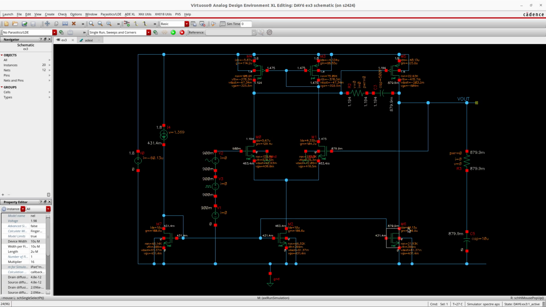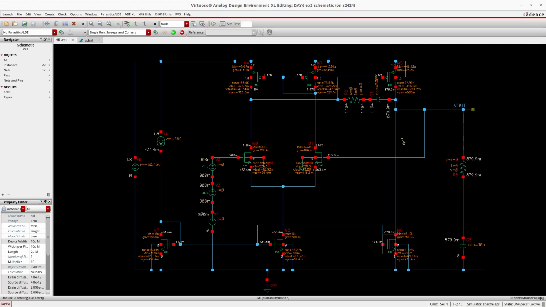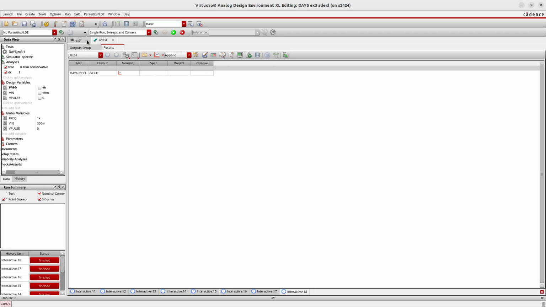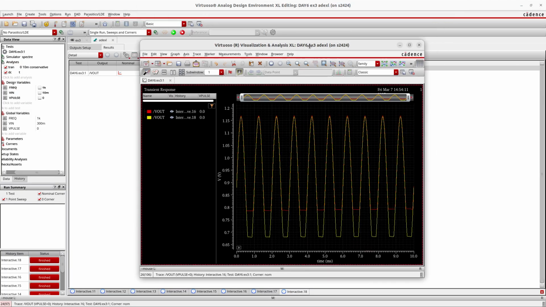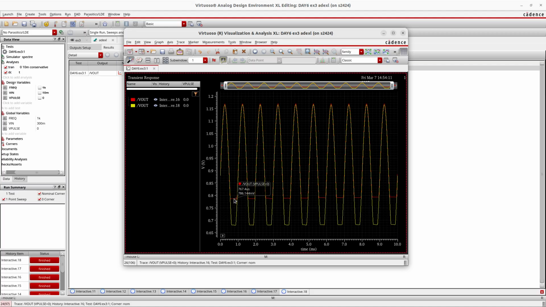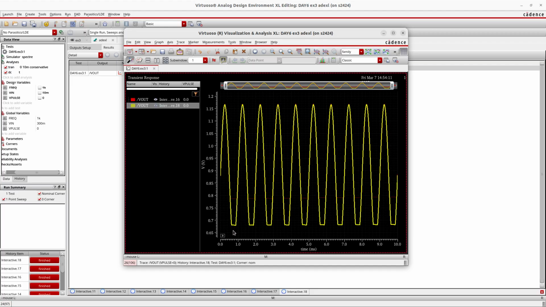Then we have 40 microamps passing here, 40 microamps passing here, and then let's take a look at the transient simulation. We see that compared to the original, it is much better, but it still has not solved the problem because now we have only 40, but we need at least 60.